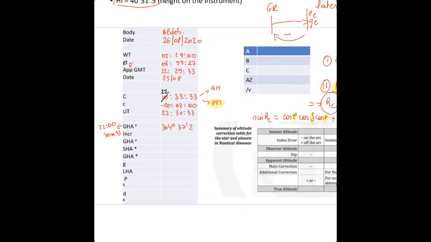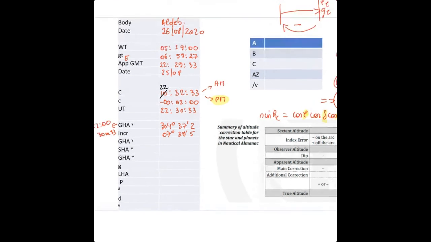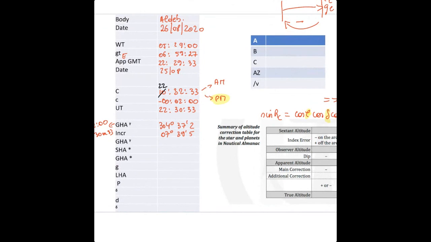The increments correspond to 7 degrees, 39.5. Okay, I advise you to take the nautical almanac by hand and to do this exercise together with me. Okay, increments are always to be added, so this gives you a GHA of 312 degrees, 16.7.